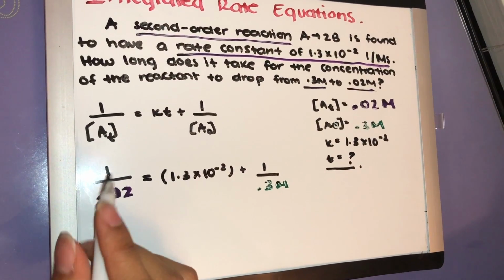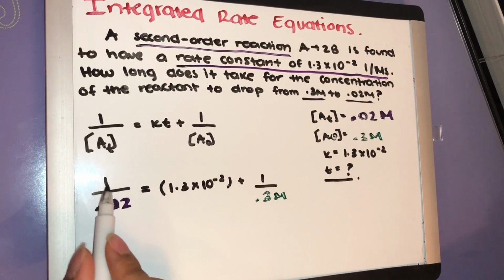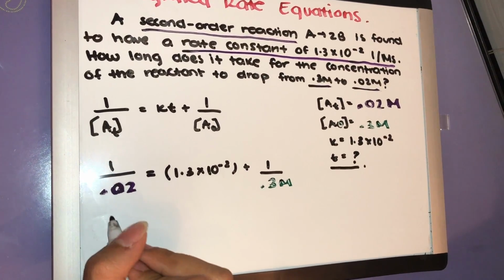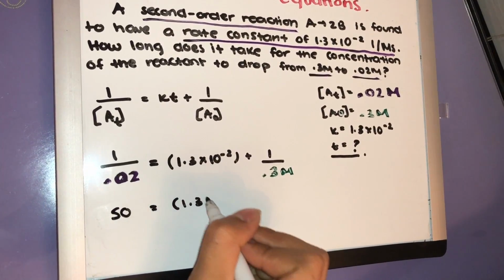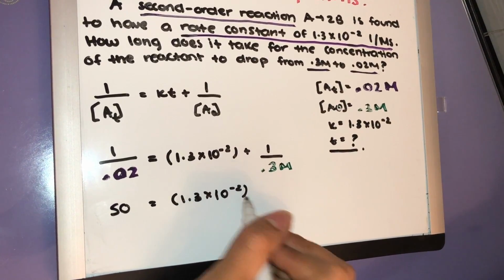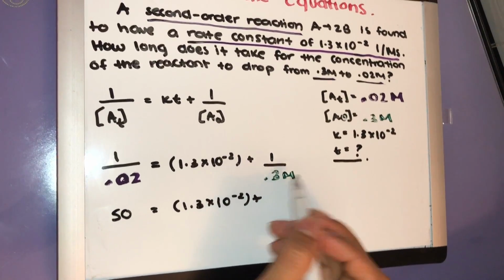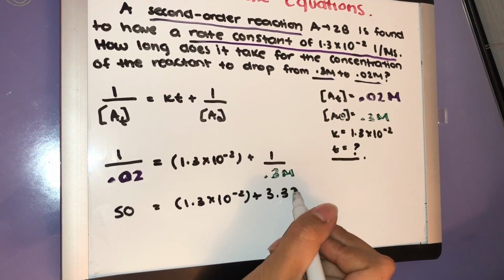Our next step would be to simplify. 1 over 0.02 would be equal to 50. 1 over 0.3 would be 3.33.